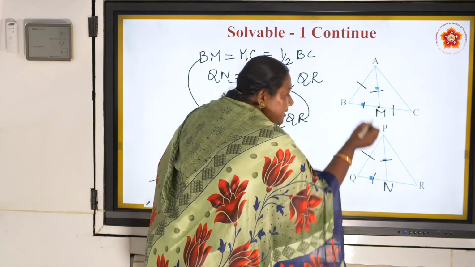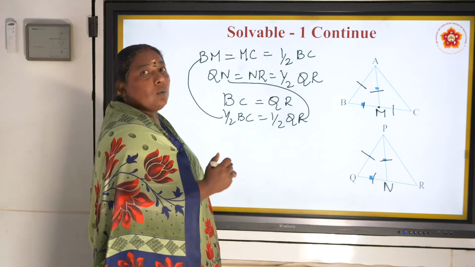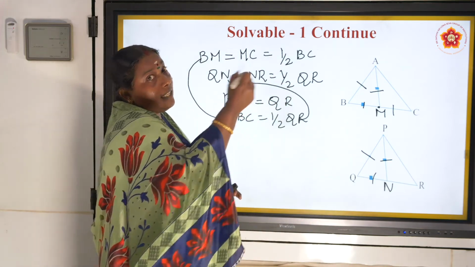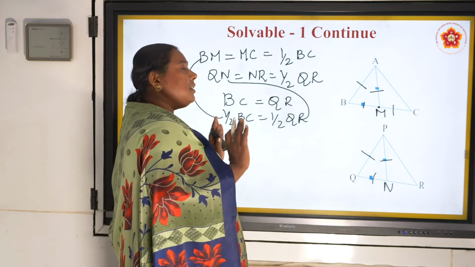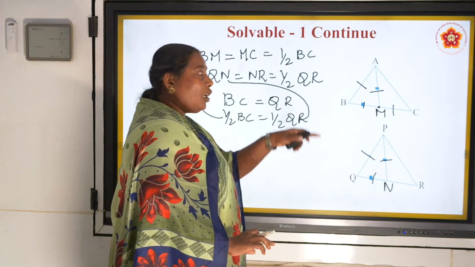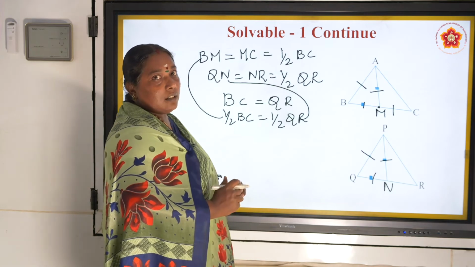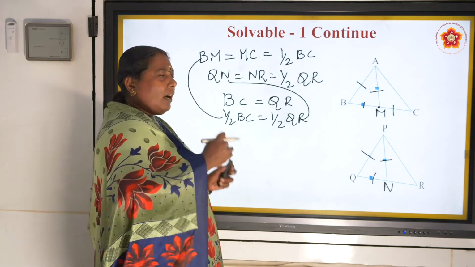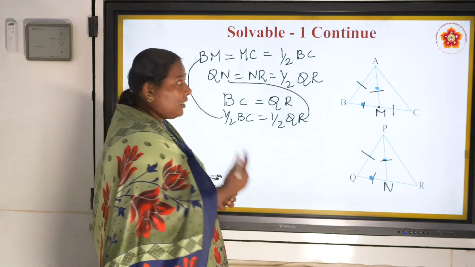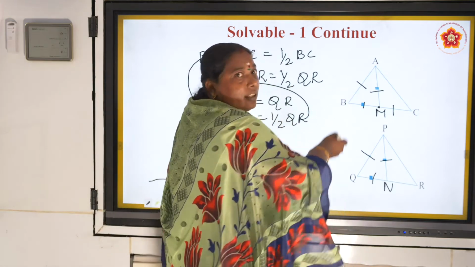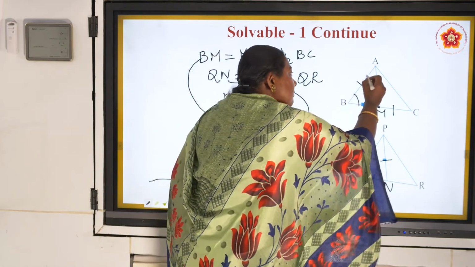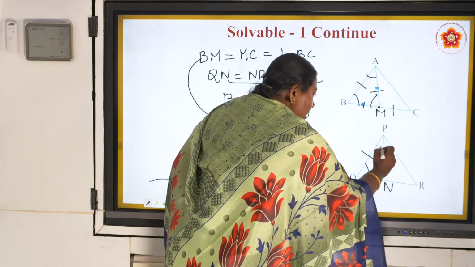So my last side is also equal. So by SSS congruency, I can easily prove that my small triangles are congruent. By this, CPCT will tell that all the angles are equal.